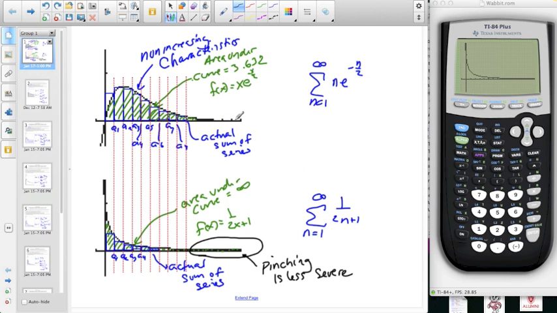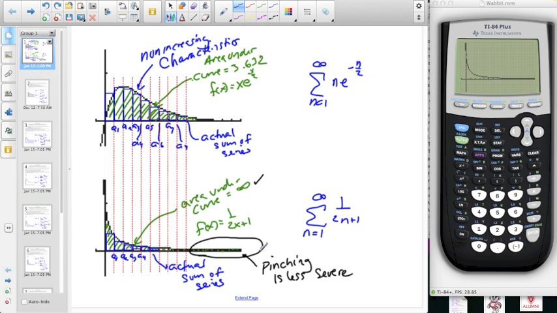You can see this already blends in with the axis after maybe the 9th or 10th term. This doesn't blend into the axis until way beyond the screenshot. So this pinching is less severe, and it's all these little areas, these rectangles I was drawing in blue that are too small to draw here. It's all of these tiny rectangles that have this massive cumulative effect to make this area become infinite.